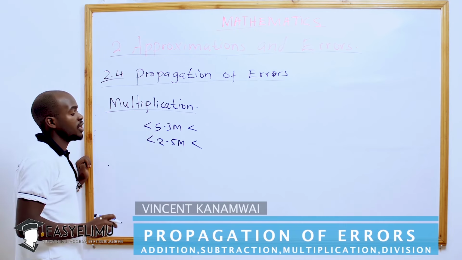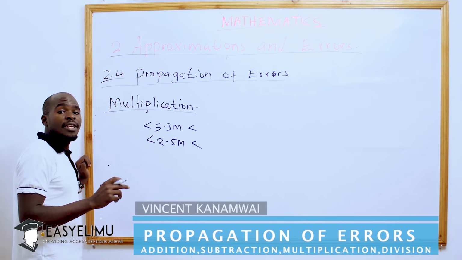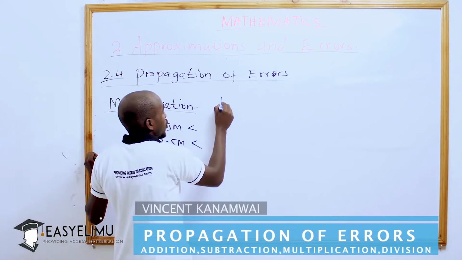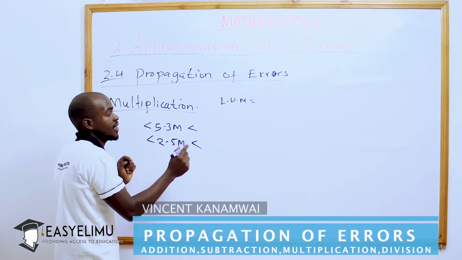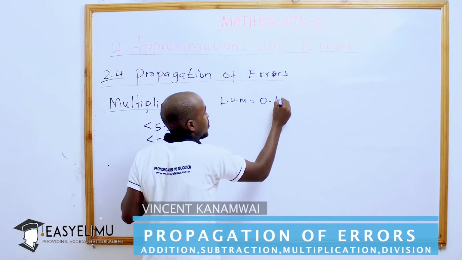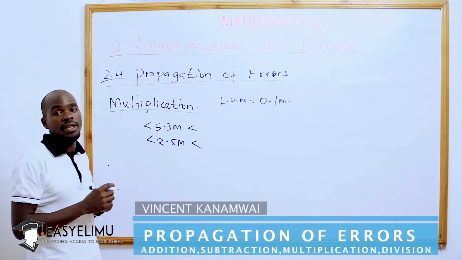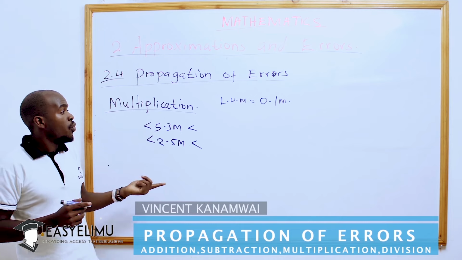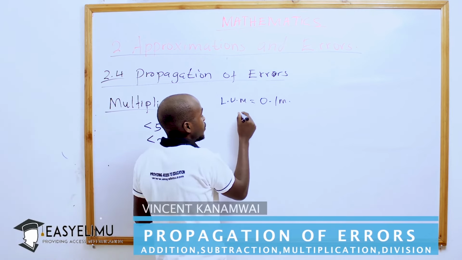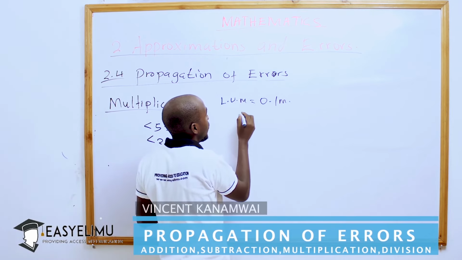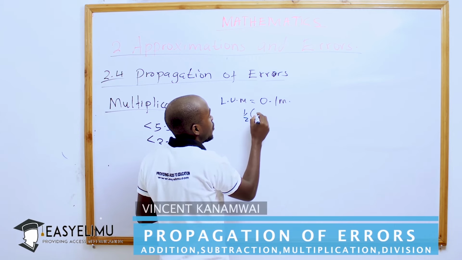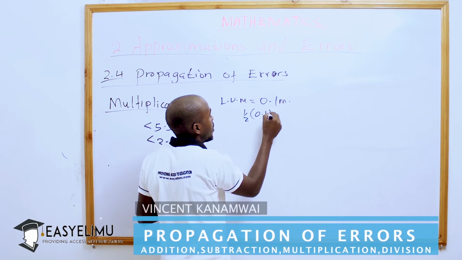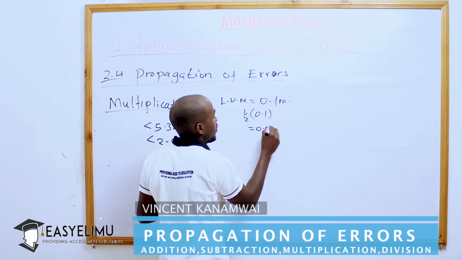So we are going to do it by finding the least unit of measurement. The least unit of measurement in both cases is 0.1 meters, because that is the last unit there. So we need to find absolute value, and absolute value in this case we shall find as half of the unit of measurement, and that is 0.05 meters.